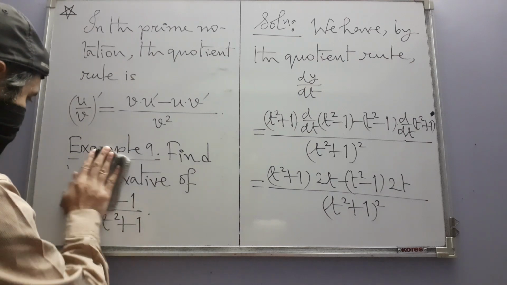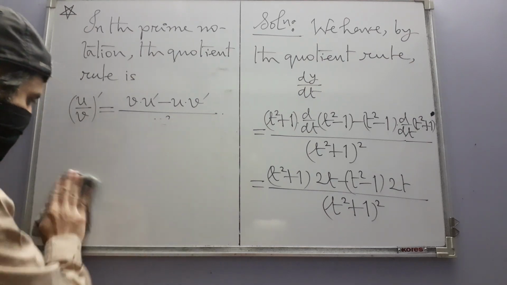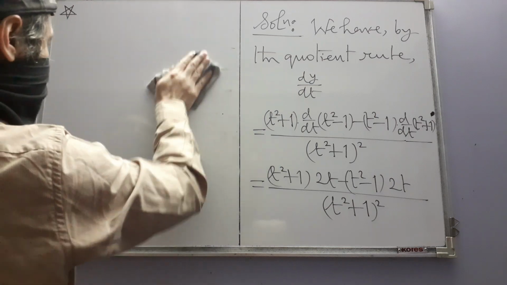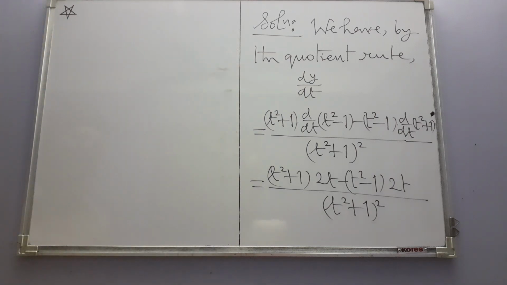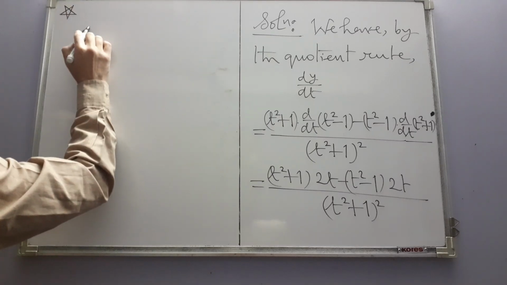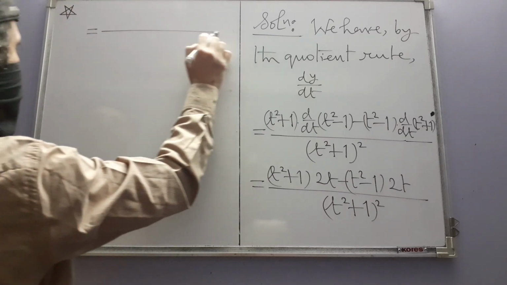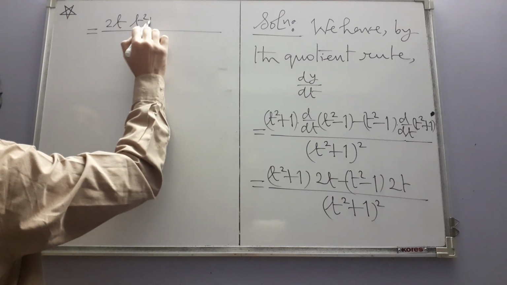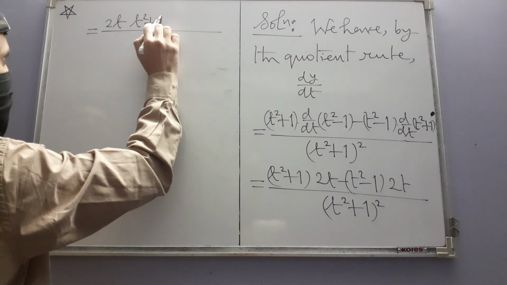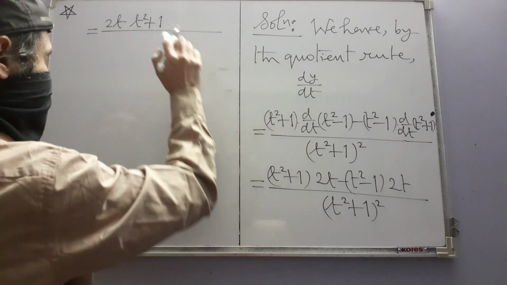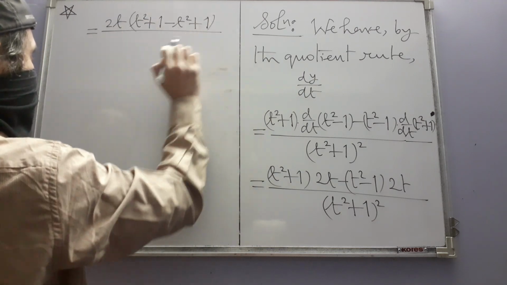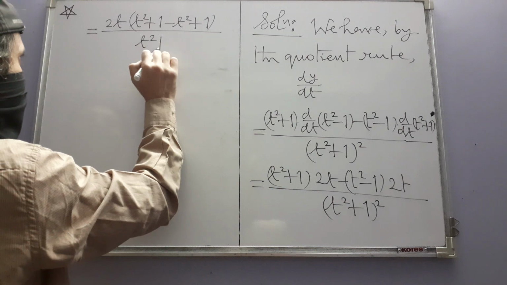In fact, it's quite easy here because you have a common term, 2t. So you can take it common out: 2t times t square plus 1 minus of t square minus 1, which means minus t square plus 1.